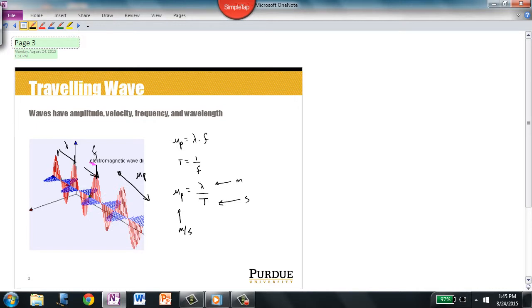In reality, electromagnetic waves are typically three-dimensional waves. They propagate through a volume. They cause a disturbance in the z-axis. They cause a disturbance in the x-axis. And these waves don't have to be linear like shown here.